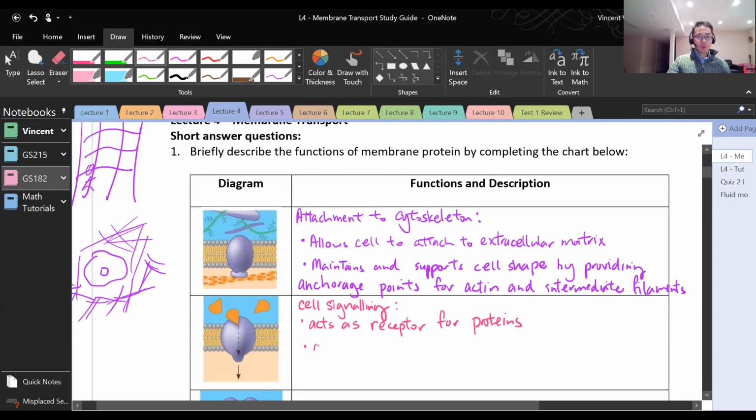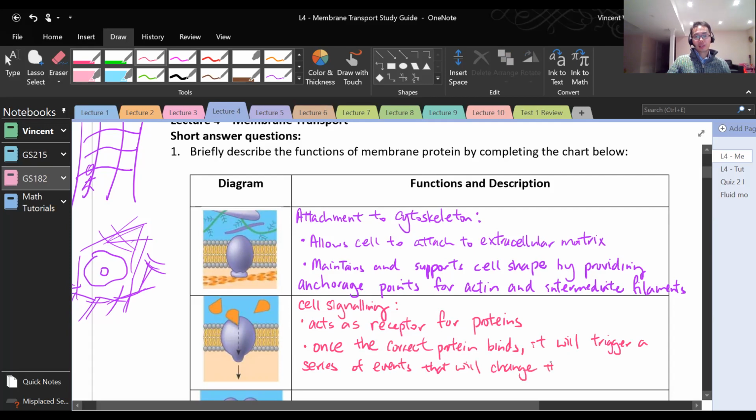Once the correct protein binds, it will trigger a series of events that will change the cell's behavior.